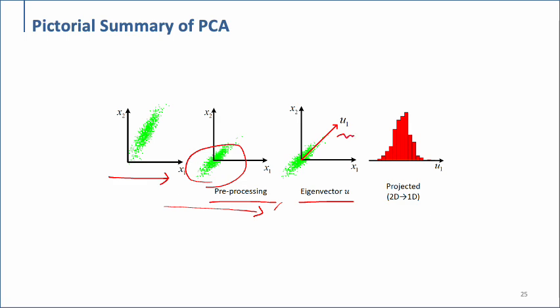By projecting the data from two dimensions to one dimension, you can reduce the data into one. So this is just a pictorial summary of principal component analysis.